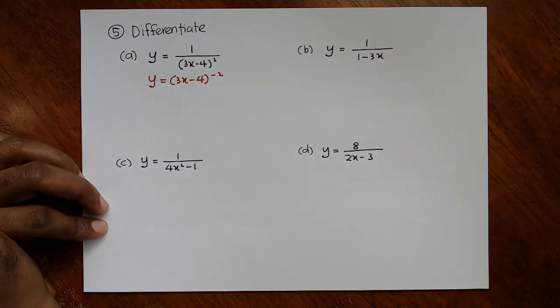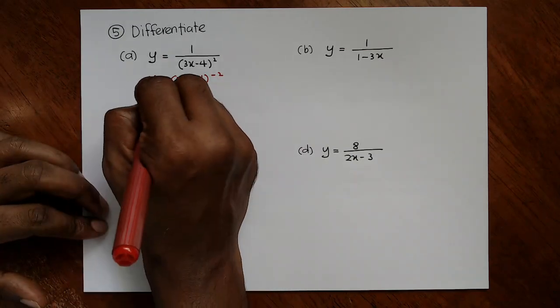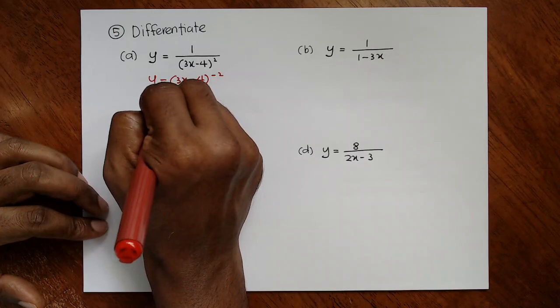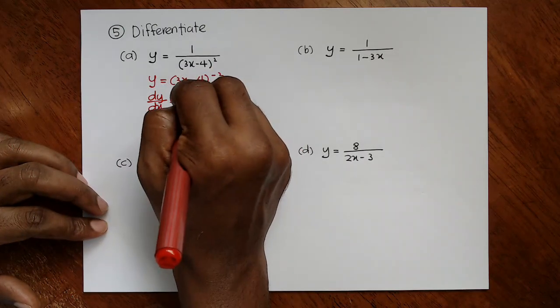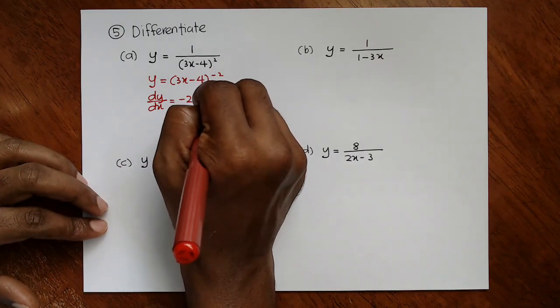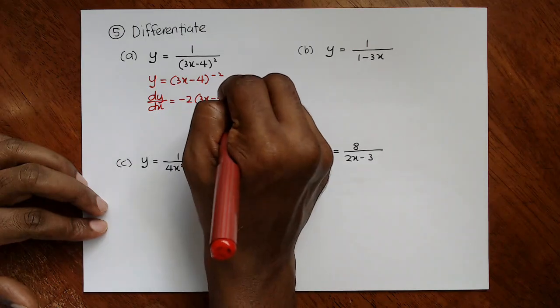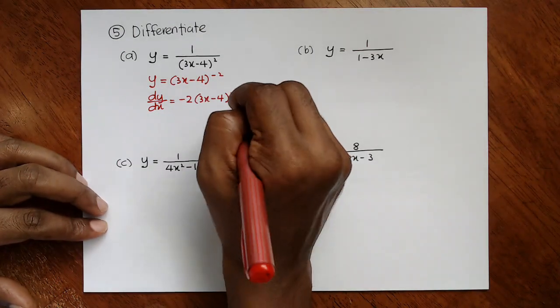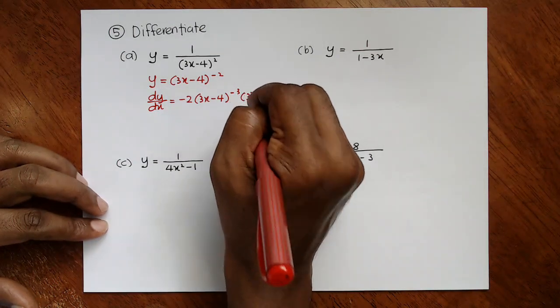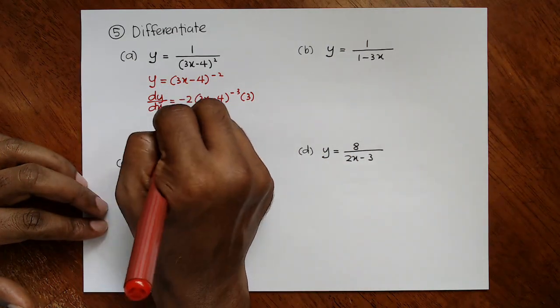So dy/dx equals negative 2 (3x minus 4) to the power of negative 3. Differentiate the inside, you get 3. So dy/dx equals negative 2 times 3, you get negative 6.